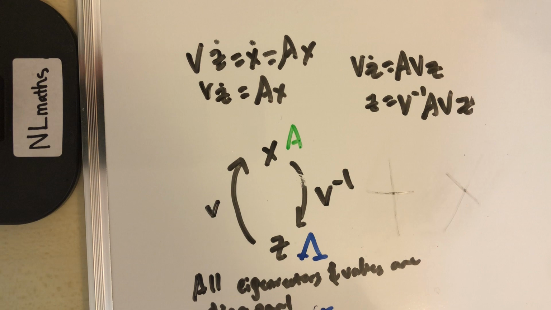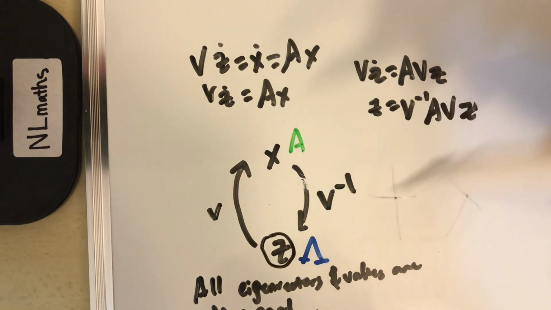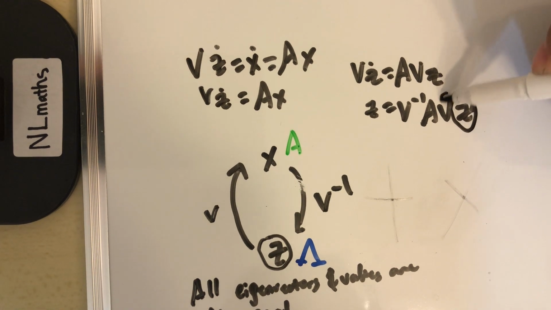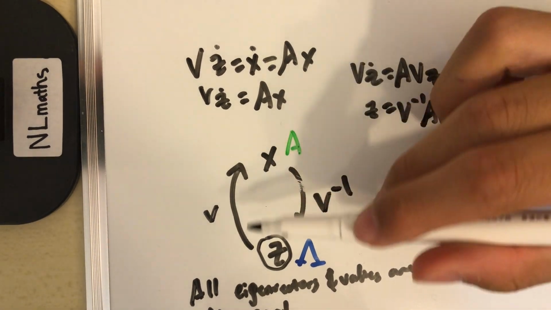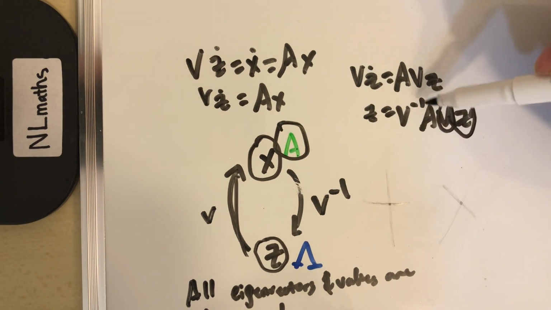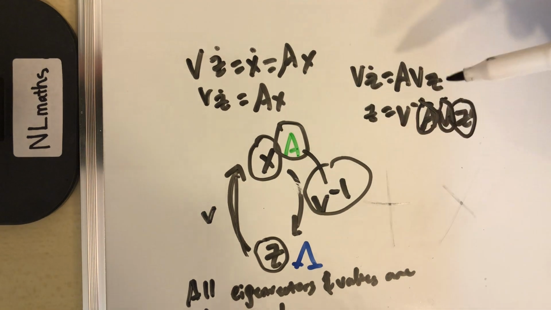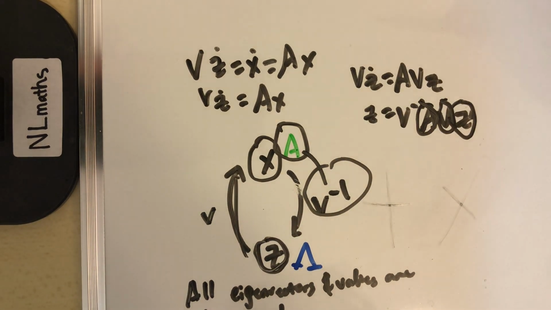This is how I got to understand all of this. We start off in the Z subspace, so we start off with Z. Then we apply this transformation V to take it to X. Then we apply this transformation A. And if we go back with V inverse, then we get Z. So that makes a lot of sense so far.